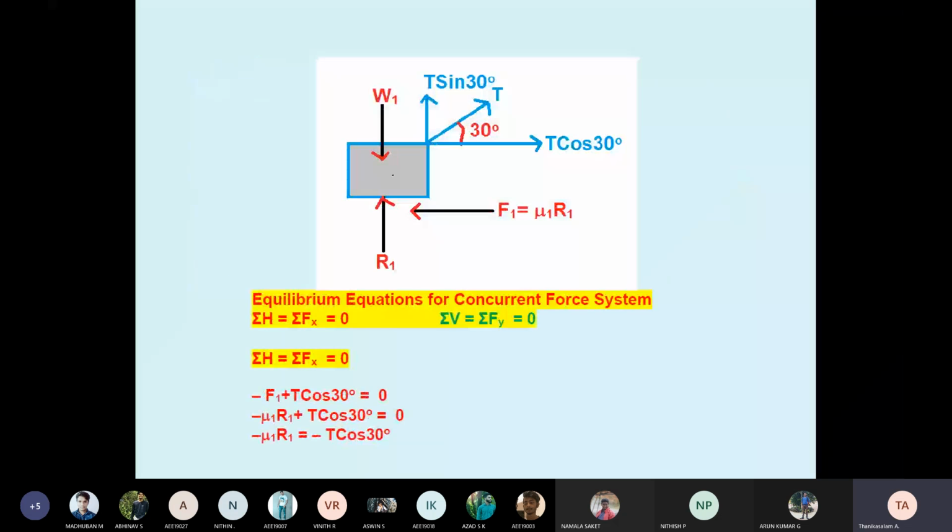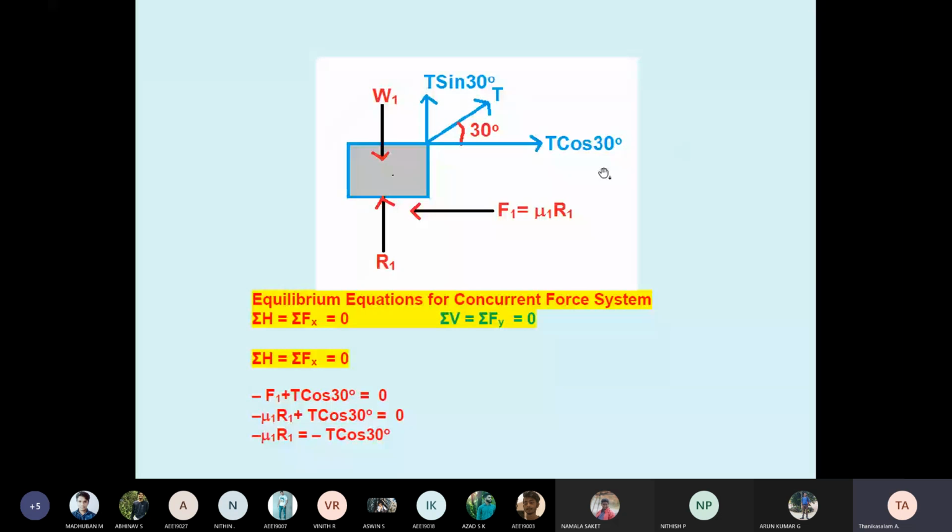Now see the block 1 diagram. The weight W1 acts vertically downward, 1 kilonewton, and the reaction acts in the opposite direction. Then the tension T in the connector, with components T cos 30 and T sin 30.